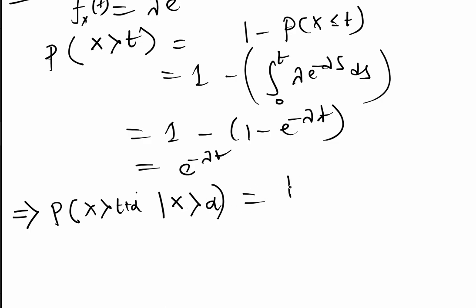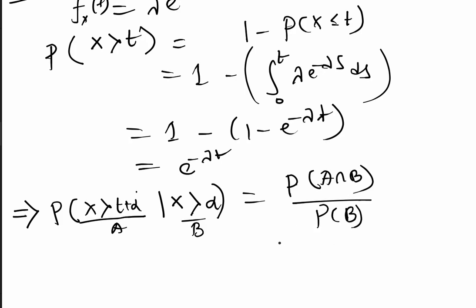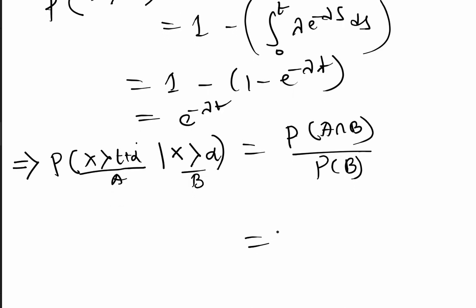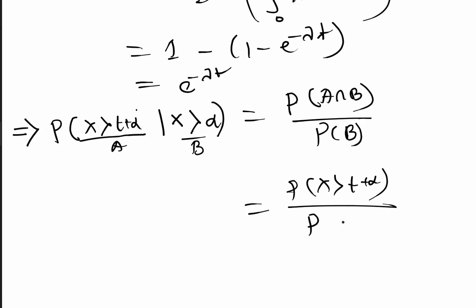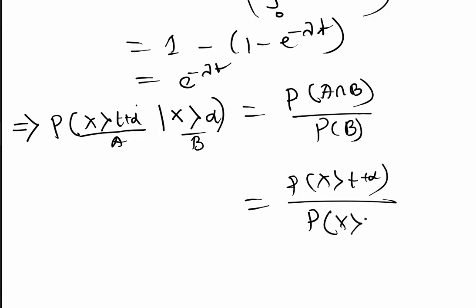So from here we can write, suppose this is a, this is b: probability of a intersection b divided by probability of b. Basically x greater than t plus alpha is a subset of x greater than t, so the intersection is simply P(x greater than t plus alpha) divided by P(x greater than t).